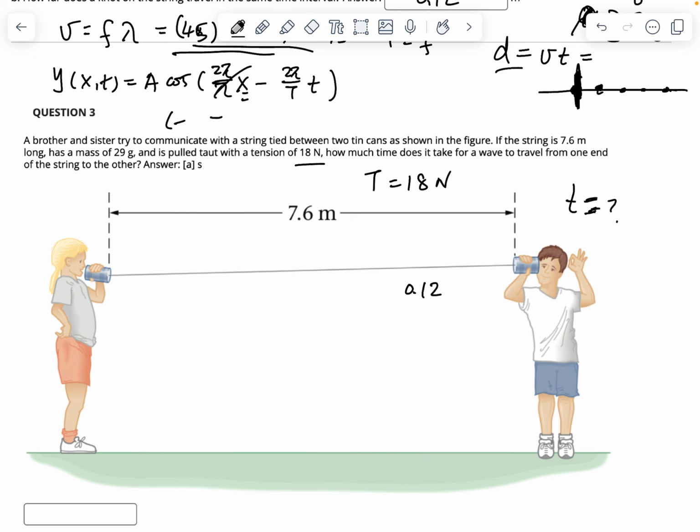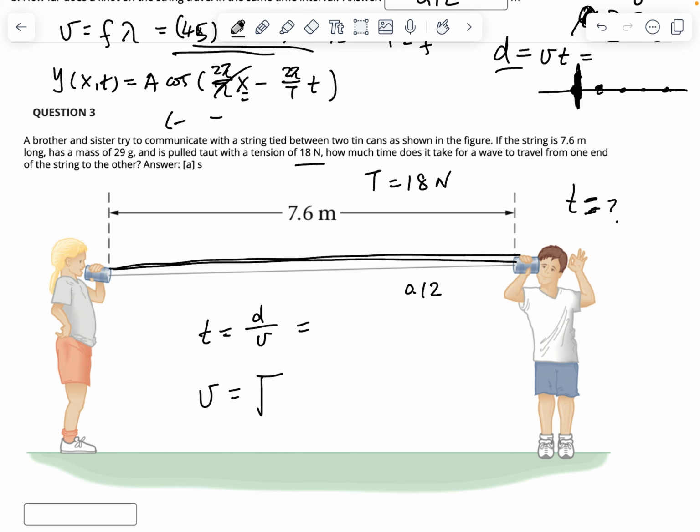Okay, and well, to find the time, you know the distance. This is distance travel, right? 7.6. So time equal to distance over speed. You have to figure out speed of wave, right? So what's the speed of wave? Speed of wave for the given string is square root of tension over linear mass.